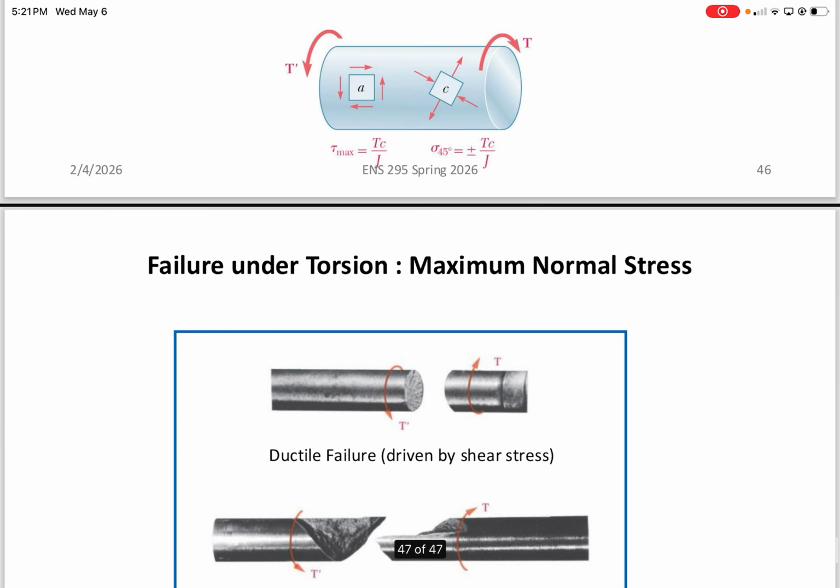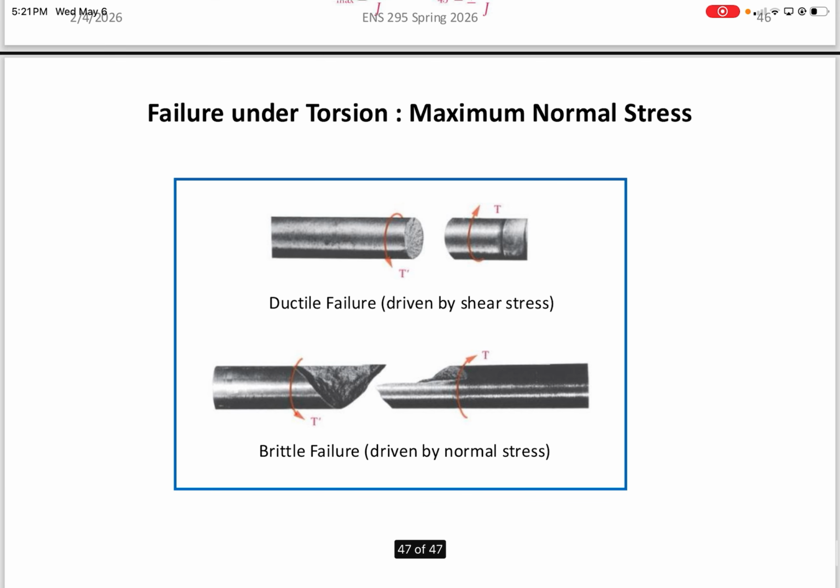All right. And then lastly, just so you guys see how a shearing failure would look. For a ductile failure, ductile meaning that the material behaves very close to linear elastic, a ductile material would be something like steel, for example.